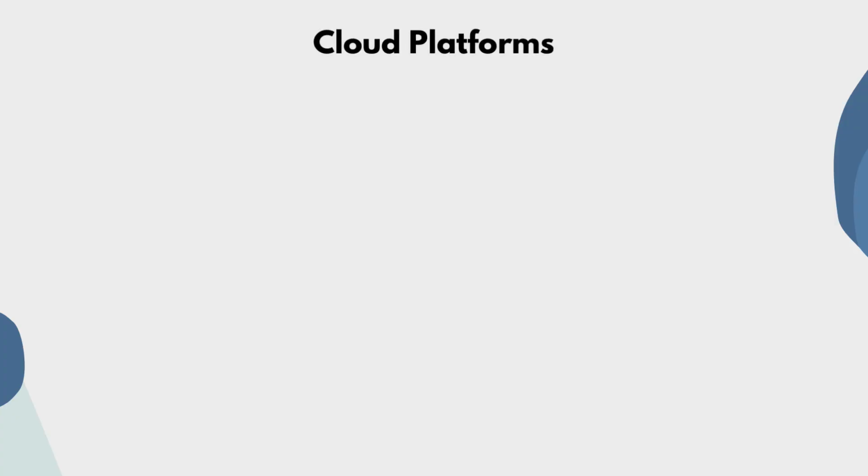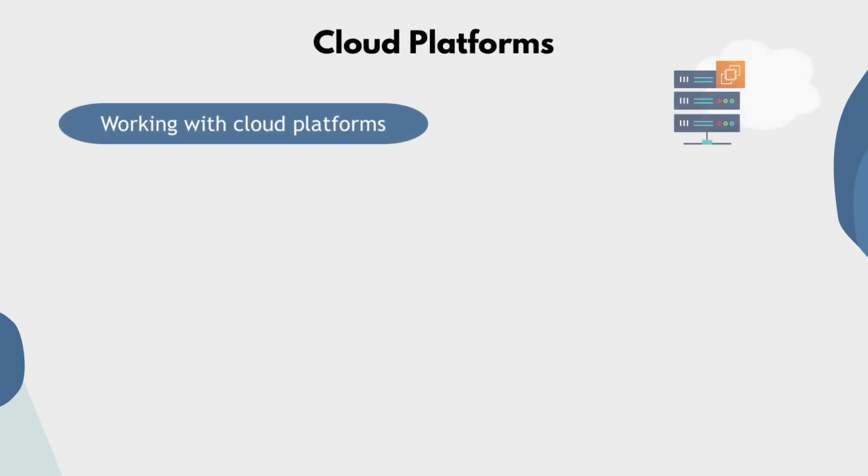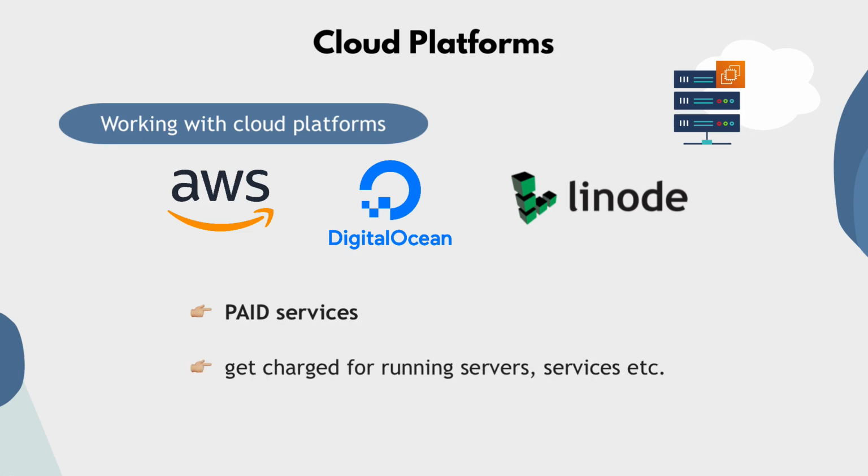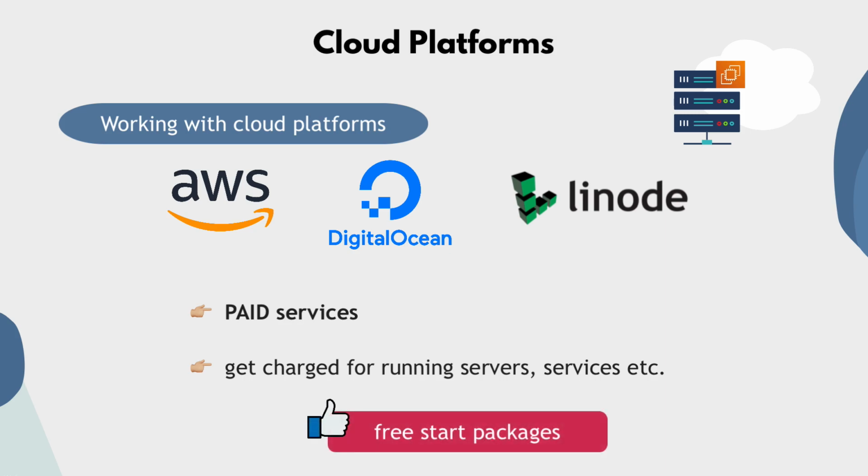When learning about cloud platforms and working with virtual cloud servers, we will be using 3 different cloud platforms for different use cases. All cloud platforms have paid services, so you will be usually charged for hosting and running servers on these platforms. If you are a new user on those platforms, you usually get free starter package.